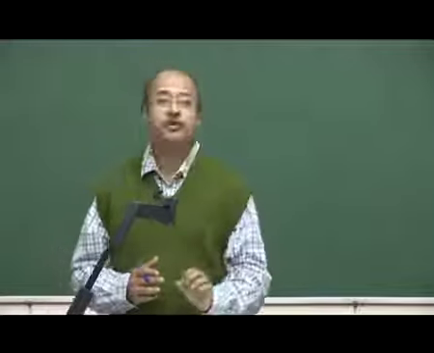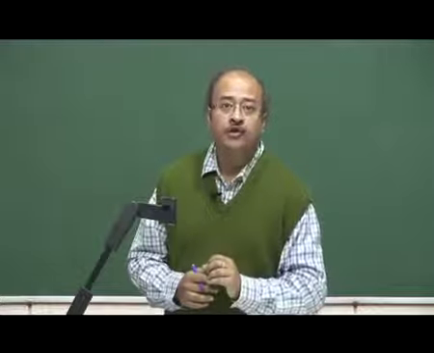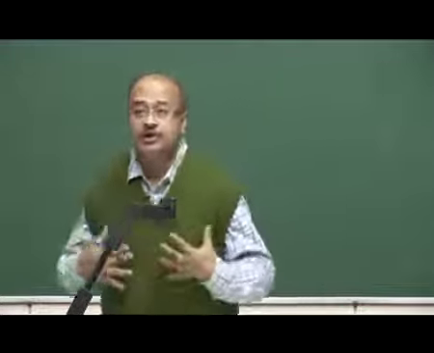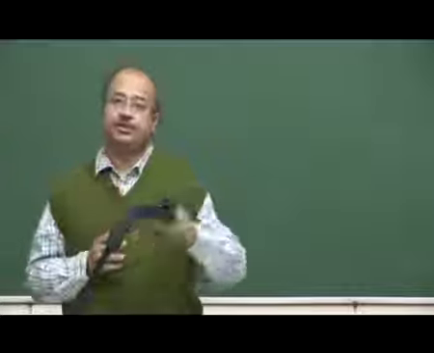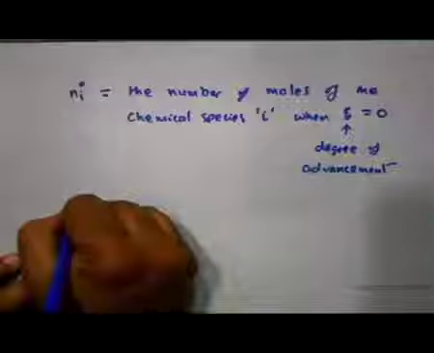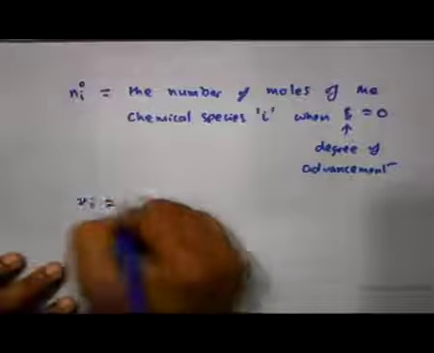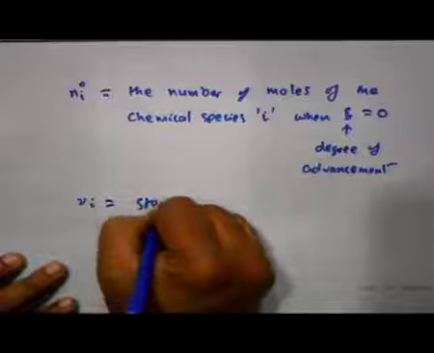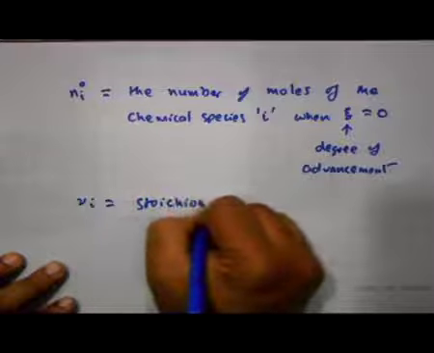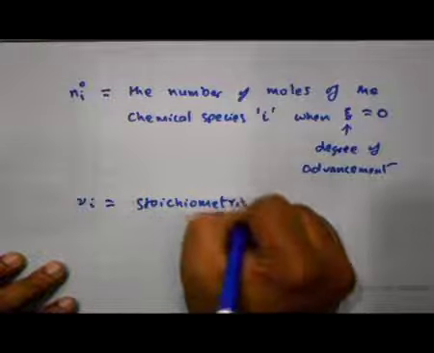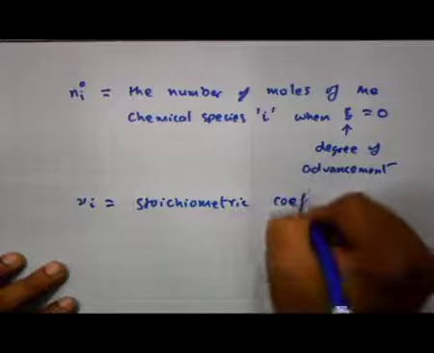So, the initial number of moles is at the point where xi is 0, that means the reaction has not advanced at all. This is your initial condition. Again, what is nu I? By this time you know that nu I is the corresponding stoichiometric coefficient.